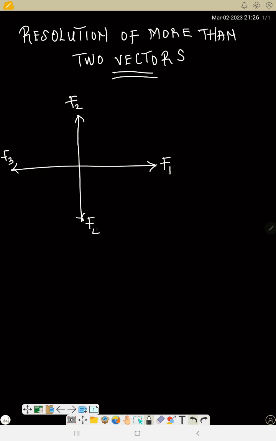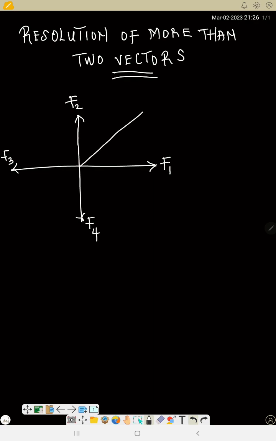So let's say we have a vector like this. Let's call this F1, F2, F3, F4.